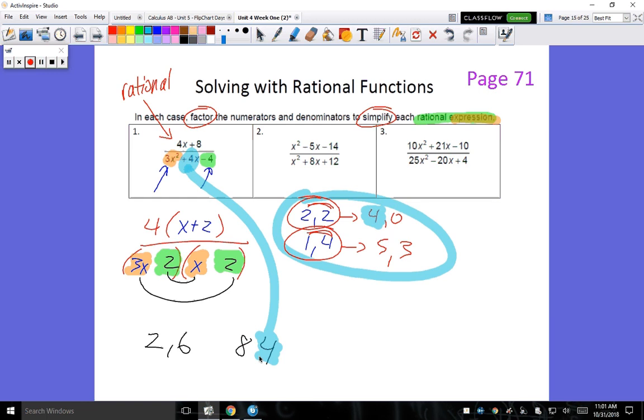Last but not least, we just have to make sure the signs line up. Okay, here we go. We know that this 2 and this 2 will multiply to get -4. So one of them has to be a positive and one of them has to be a negative. Which one do you think is a positive? Which one do you think is a negative? X plus 2, 3x minus 2. So you think it's this? Let's check it out.